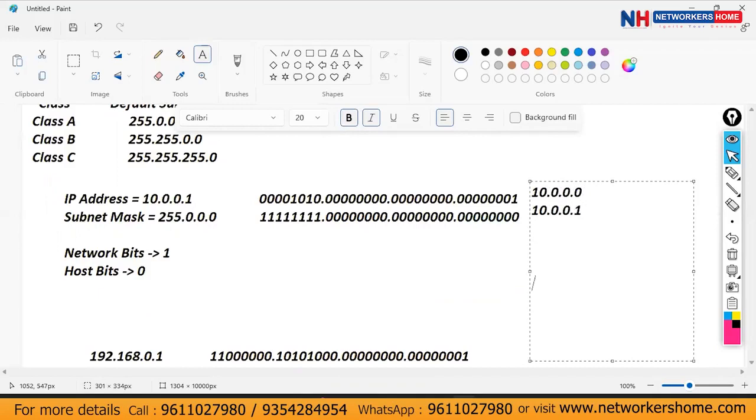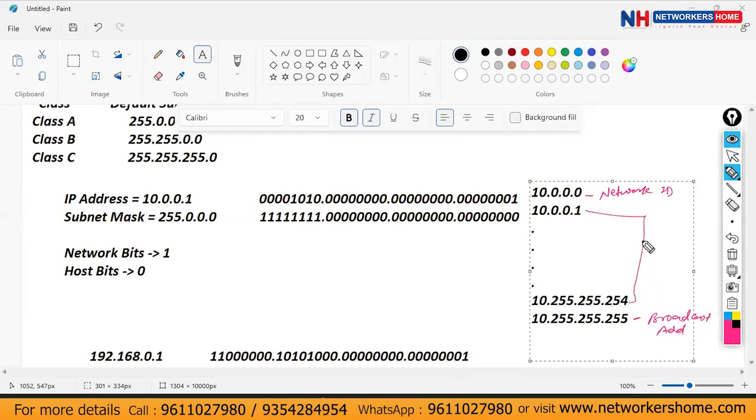And at the end, the host part becomes maximum: 10.255.255.254 will be the last valid IP, and 10.255.255.255 will be the last address. Again, the first address is your network ID, the last is your broadcast address, and all the addresses in between are your valid IPs. Is it clear? Yes or no? Okay.